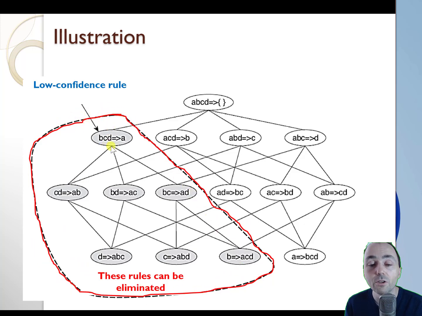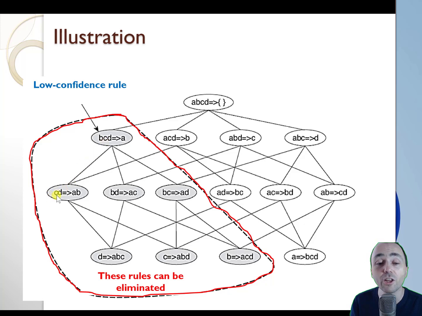Intuitively, if you take that rule BCD implies A and move one item from the left to the right, like CD imply AB, so I take the B and move the B to the right, then the confidence will be less.